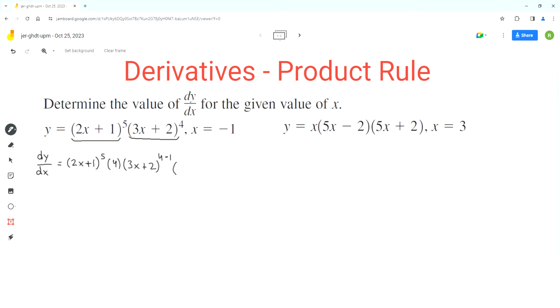plus 2. So that will be 3 plus 0, because the derivative of 2 is 0, because 2 is a constant, and the derivative of 3x is just 3.